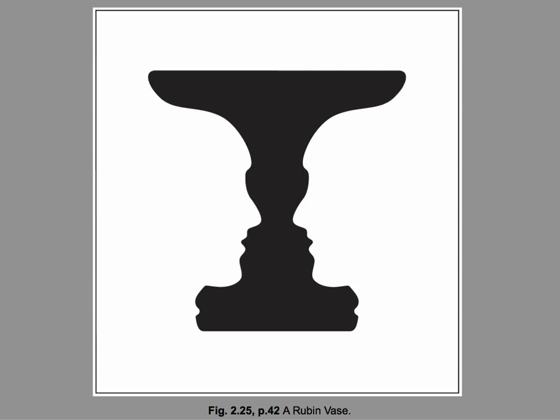Depending on how you see this, you may see a black vase on a white background, in which case you're looking at the black vase as a positive shape, the figure in the foreground, and the white negative space is in the background. However, you may look at this and see two faces, in which case you're seeing the two faces as the positive foreground and the black as a negative background space.